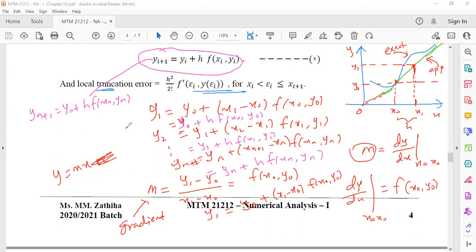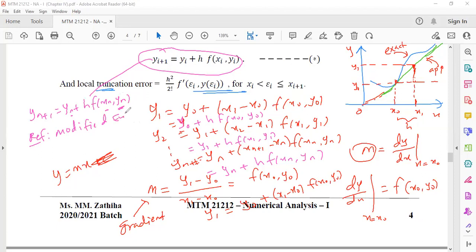As I told you earlier, this is an explicit method, meaning only the earlier values are involved. You can refer to it as a reference; I'm not going to do it here. It is called the modified Euler method.